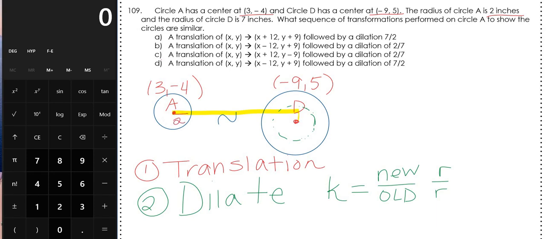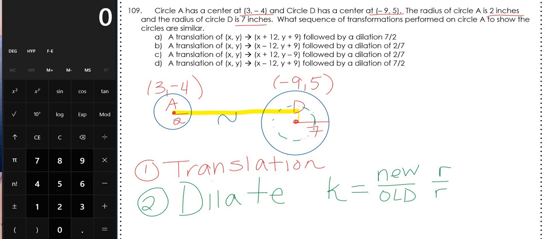And then the radius of circle D is 7 inches. Okay, 7. What sequence of transformations performed onto circle A to turn into circle D? Oh, I should have a couple more words there. What sequence of transformations performed on circle A will show that the circles are similar? It should say will show that the circles are similar.